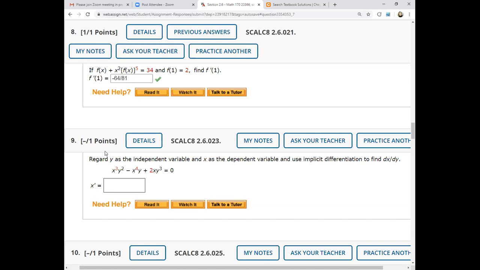So the 2y doesn't get the dx dy next to it? Not here, because remember we're differentiating with respect to y now. So the one with the derivative on it now is the x, because we're going the opposite way.